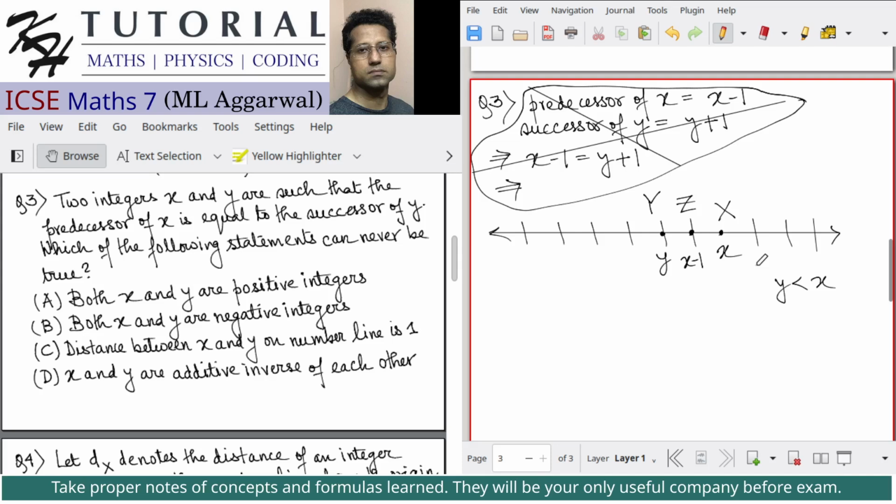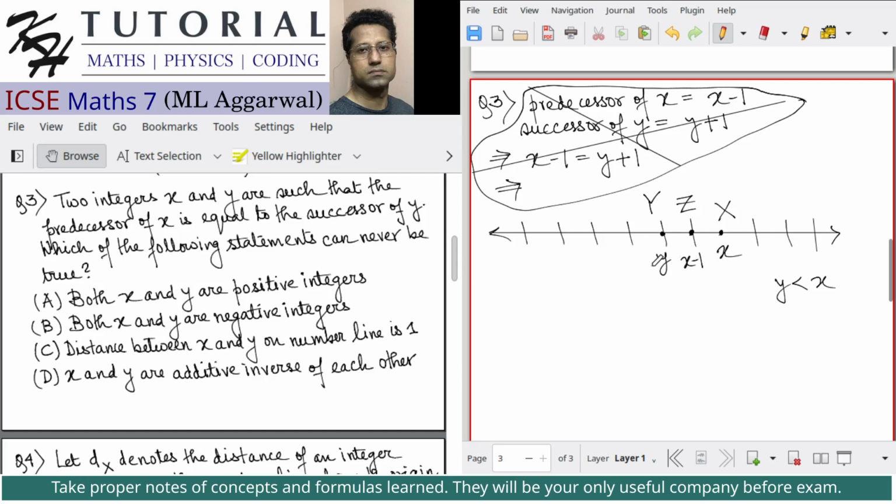Can we say that x and y can never be positive integers? No, the values of x and y can be positive. Both x and y can lie to the right hand side of the origin.